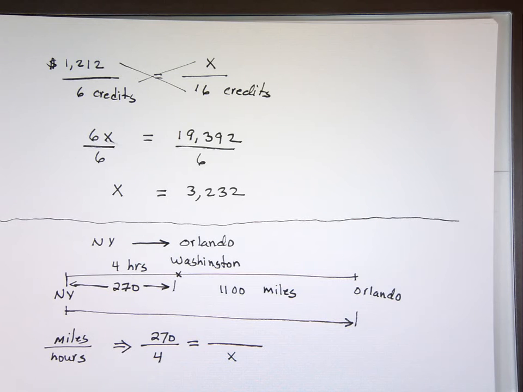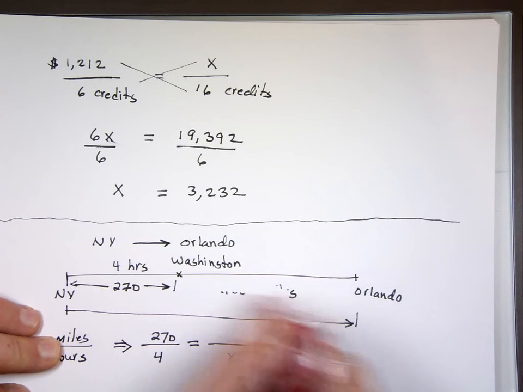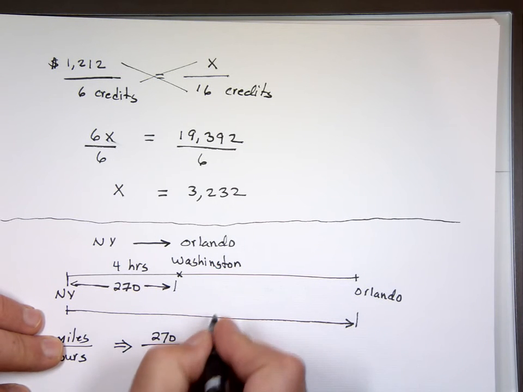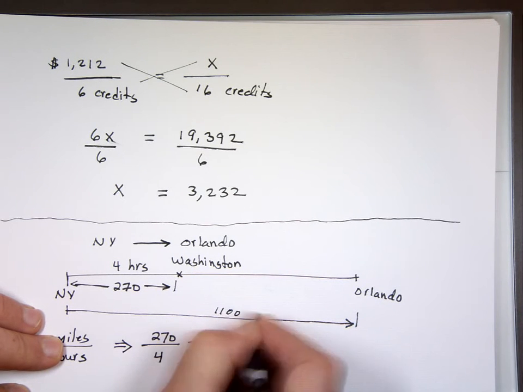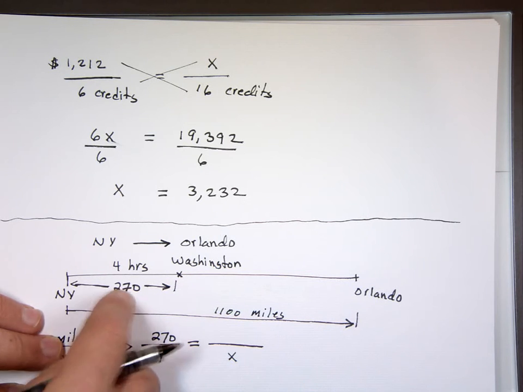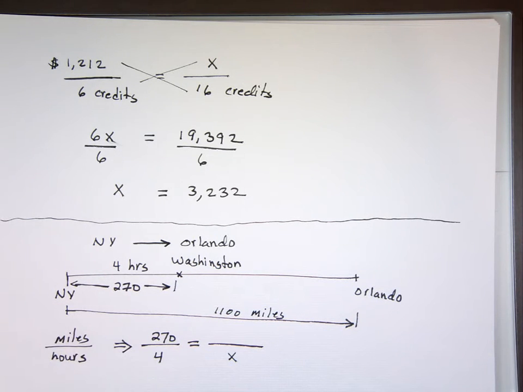How'd you get 830, Jamie? Yes, you subtract them. 1,100 minus 270. That's what's left. It was 830, Jamie. Yep.